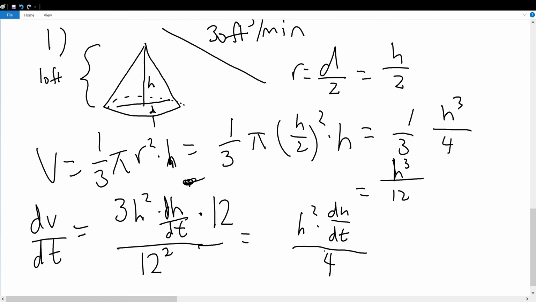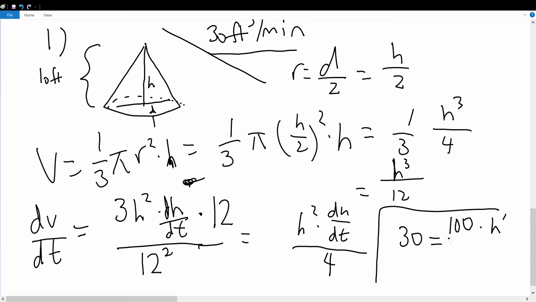Now we know that the volume is filling up at 30 feet cubed per minute, which means dV over dt is that. So we write the equation 30 is equivalent to h squared, and the current h is 10, so that's 100, times dh over dt, which we don't know, over 4.